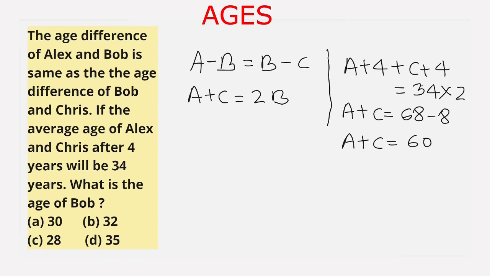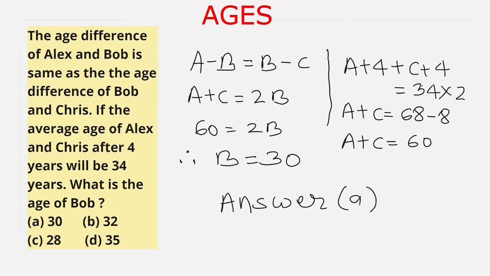If we put the value of A plus C here, we get 60 equal to 2B, therefore B equals 30. It was that easy a question. Thus the age of Bob is 30 years, and from the given options our answer is option A. We go to the next question.